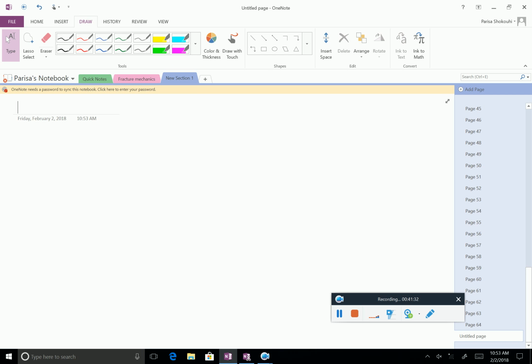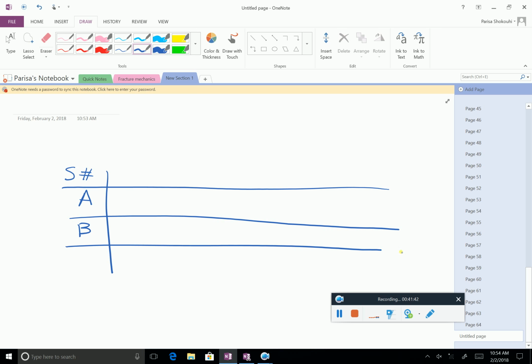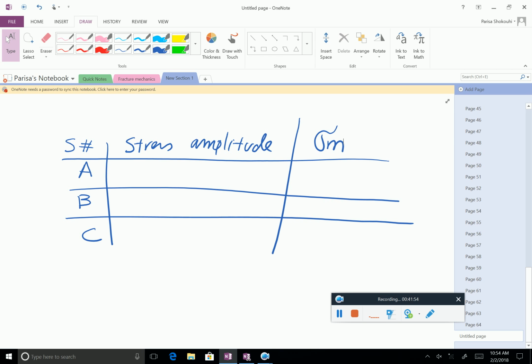So for every specimen, you want to calculate a stress amplitude and mean stress. If you don't remember what these are, no problem. Look at your notes. That's the exact point.